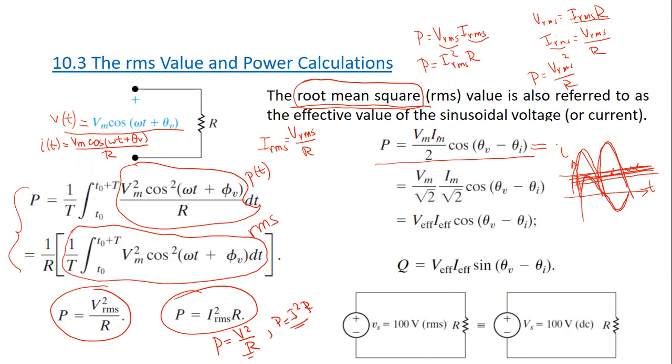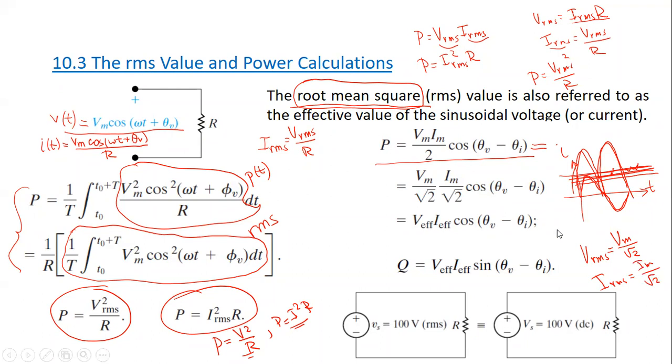We see V maximum, I maximum over 2. And we know that V RMS is equal to V maximum over square root of 2. This is only for sinusoids. And I RMS is equal to I maximum over square root of 2.